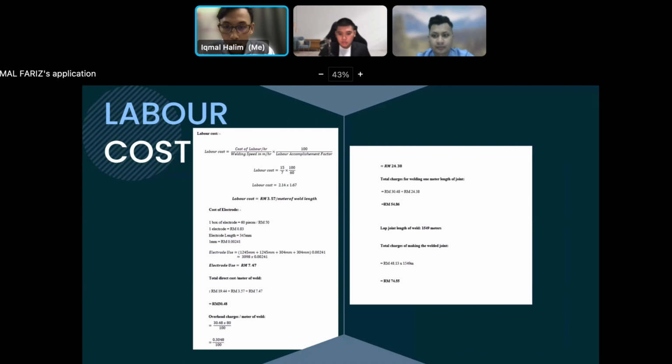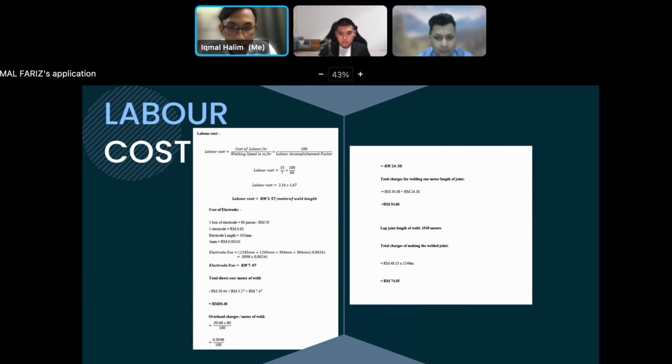The cost of electrode is 7 ringgit 47 sen. So the next total direct cost per meter of weld is 30 ringgit and 48 sen. Overhead charge is 24 ringgit 38 sen.